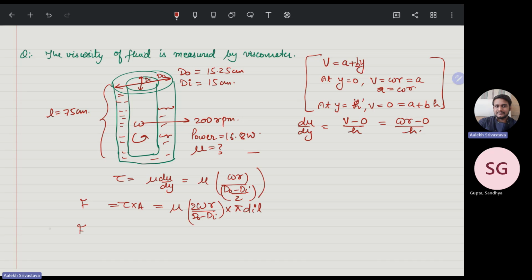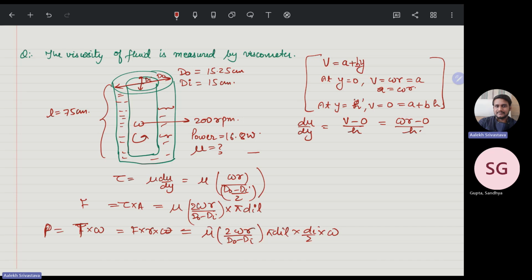Now the power is torque into omega, and torque is force into R. So if I just multiply it, torque into omega, it is mu into 2 omega R by d0 minus di into pi di L. This is your force, into R is di by 2, and into omega. So this is the power.